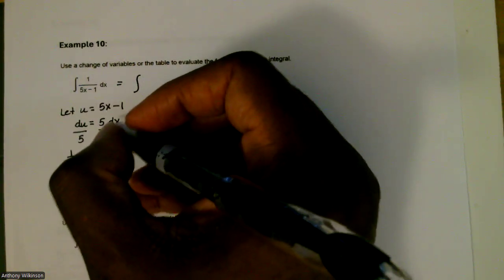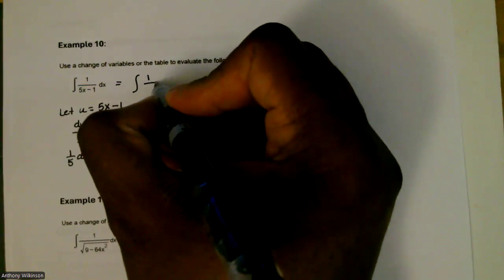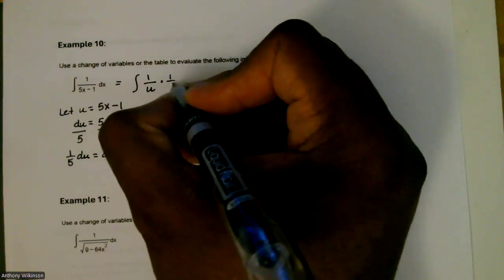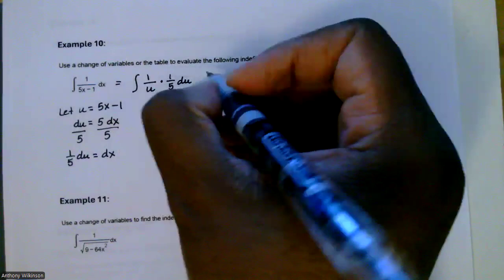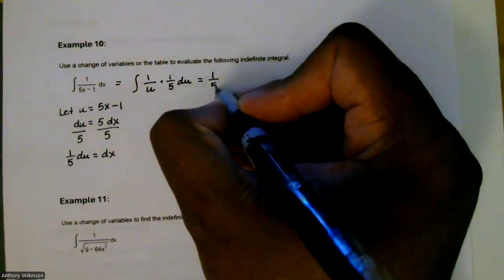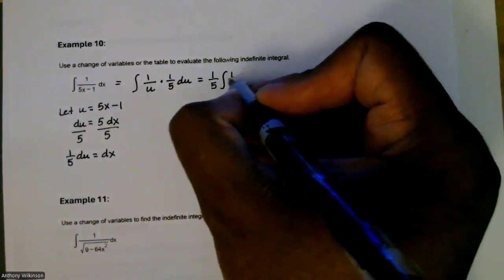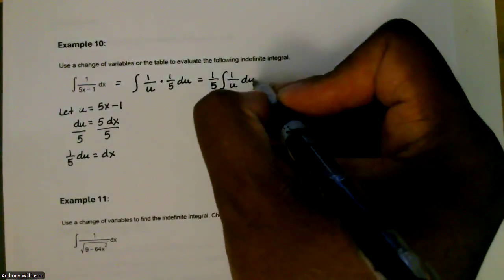We have the integral of 1 over 5x minus 1, we let that be u, so it'll be 1 over u times dx, which will be replaced with 1/5 du. And the 1/5 can go on the outside of that integral symbol, so it'll be 1/5 times the integral of 1 over u du.